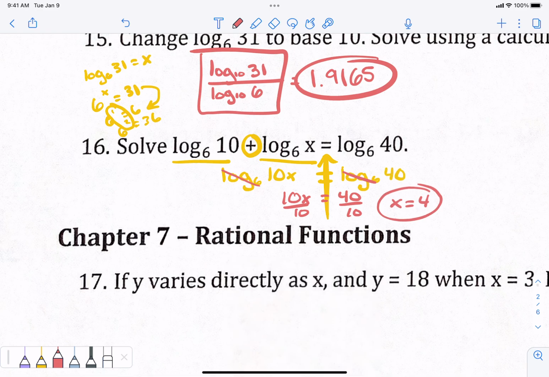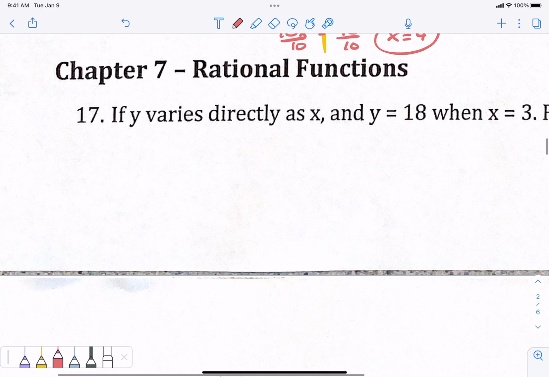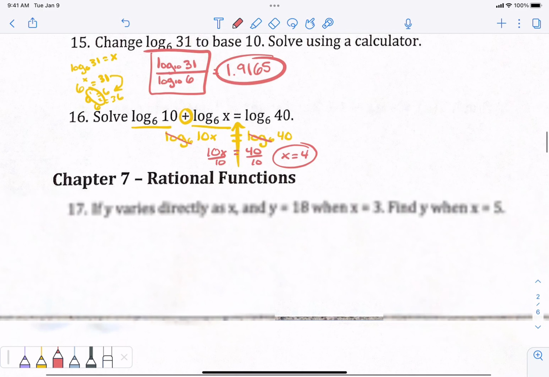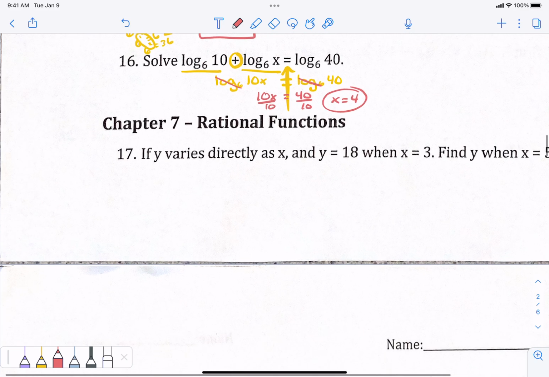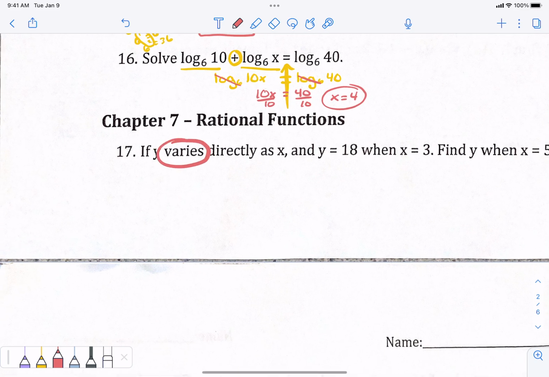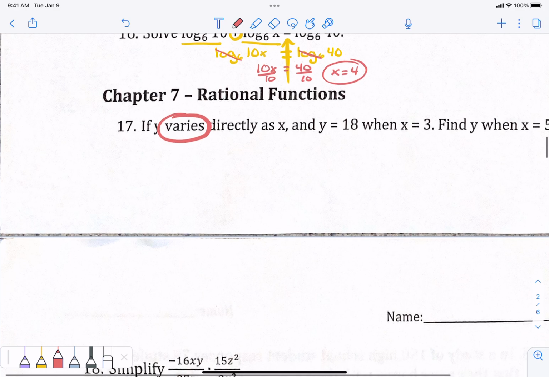All right, we got one more on this page, and we've got like 7 minutes left. This is variation functions. There are only 2 of them that I will give to you, and I'll write them both down here. I could say direct variation, or I could say inverse or indirect.